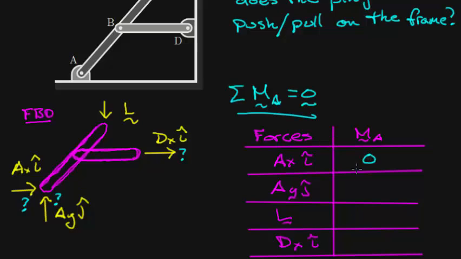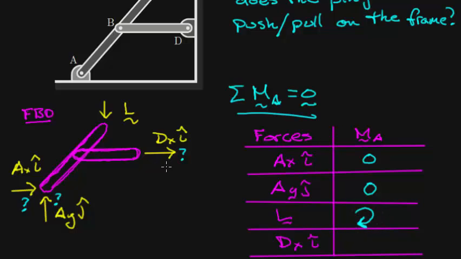The answer is no. AY, again, acts through point A, so that makes no moment about point A. L, what kind of moment is that? Well, it's going to create a clockwise moment about point A, right? To indicate that clockwise moment, we're just doing qualitative problem solving here, not actually calculating any numbers, but we're going to say that creates a clockwise moment, sort of a right-handed turn, if you will.